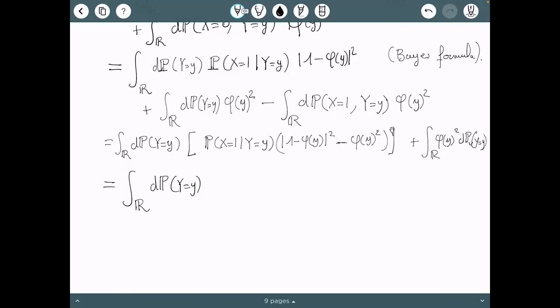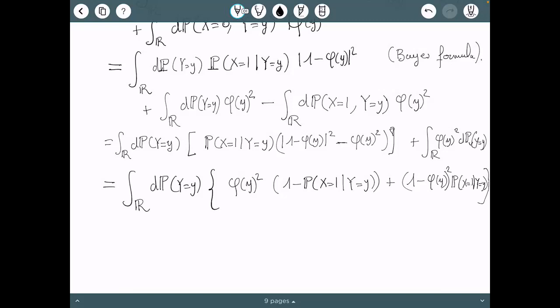If I regroup the different terms, I get phi of y squared times (1 minus the probability that X equals 1, Y equals y), plus 1 minus phi of y squared times the probability that X equals 1, Y equals y.